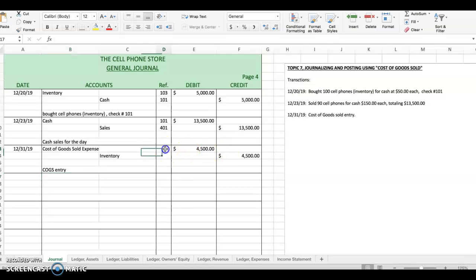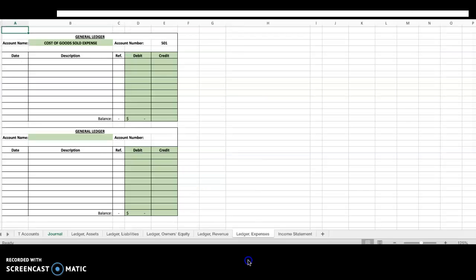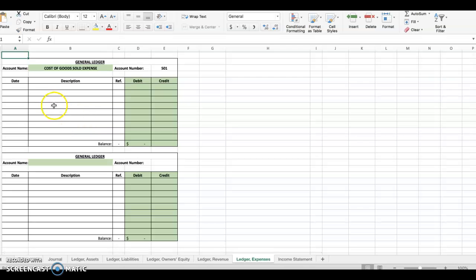So let's post this. The $4,500 goes to the expense account. In the expense section, there's a new account called cost of goods sold expense. And we said this was $4,500, and that is the cost of doing business for this cell phone store.